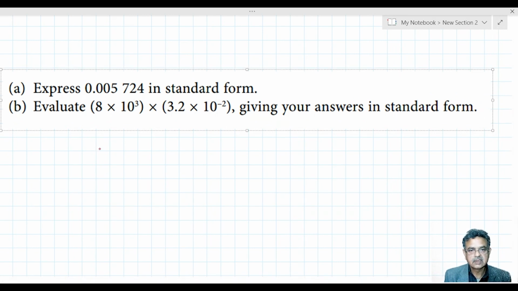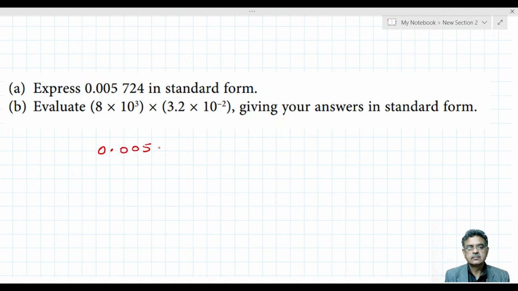As we have already discussed, this value 724 will be written as 5.724. Now we have to decide about the power of 10.